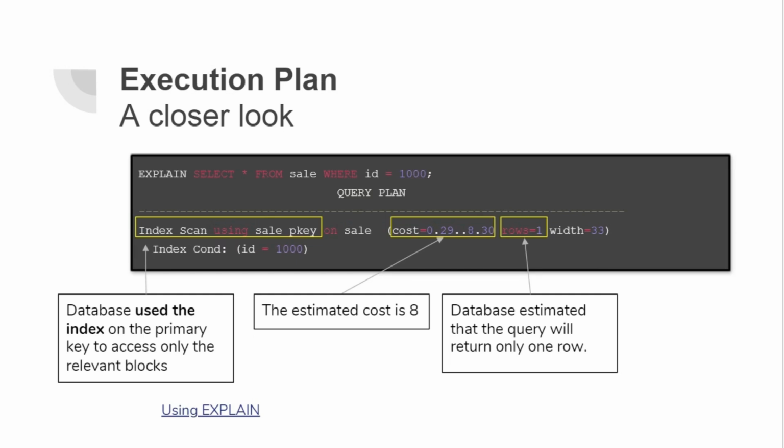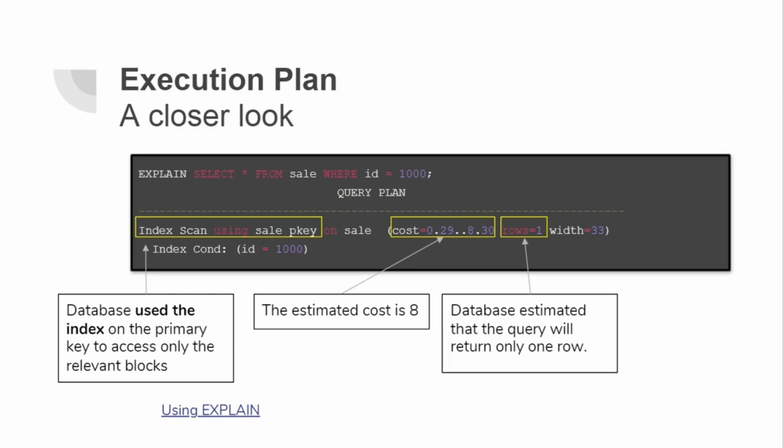Now let's take a look at another execution plan. This time, we want to see what the database is planning if we are trying to fetch the sale with ID 1,000. If you remember, the ID is our primary key.